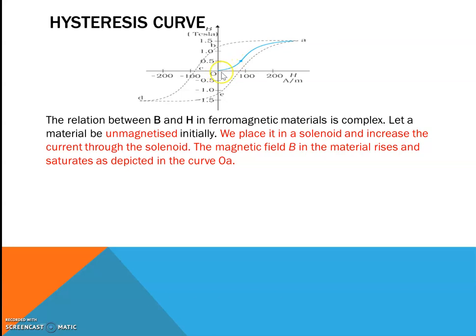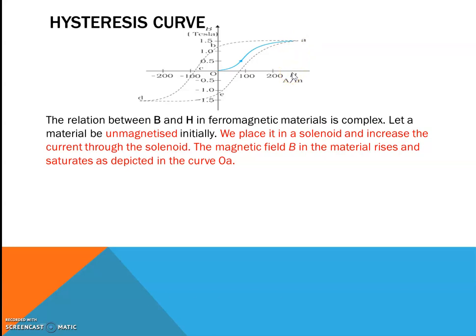As we increase the current in solenoid, value of H increases, and when we reach beyond 200 ampere per meter, the magnetic field induction B becomes 1.5 Tesla, which is the maximum value.